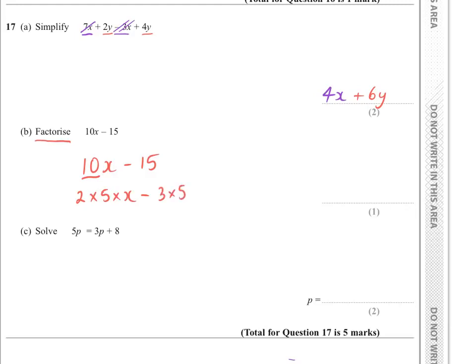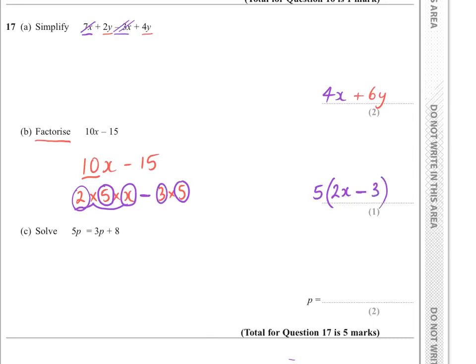And then look carefully here. You can see a common factor in both. And if you take that out as a common factor and put a bracket, and then you've got 2 times x left, which is 2x, minus, well, 3 was left here.